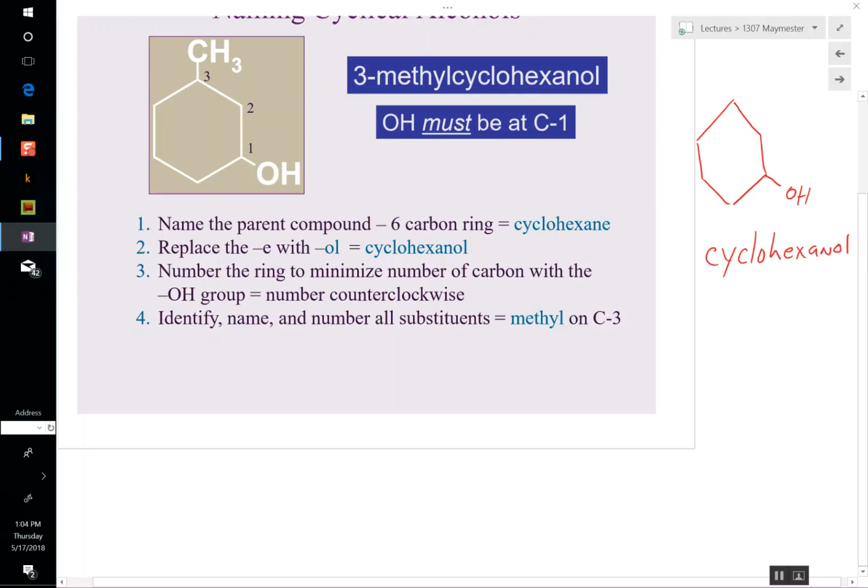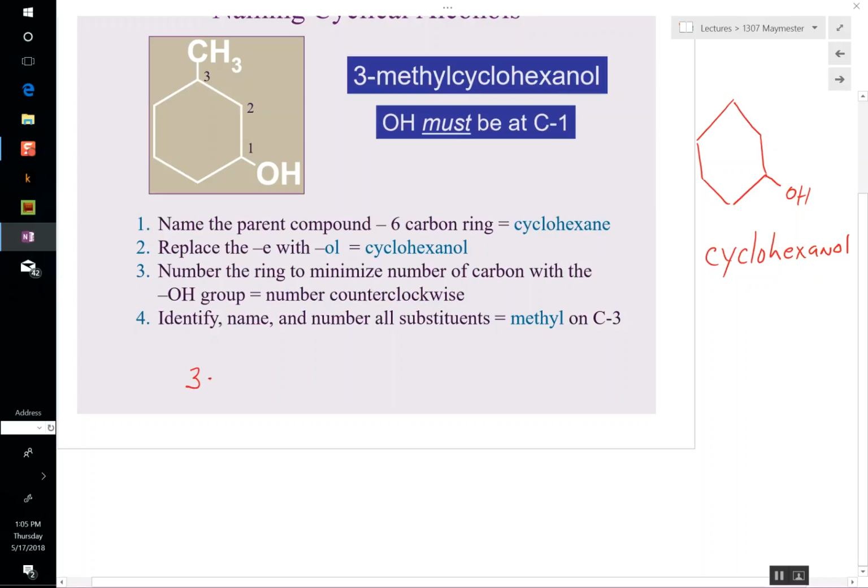I'm just using the rules we just went over. Its name without the OH there is cyclohexane, so we drop the E and we add OL. We get cyclohexanol. And now there, we put a methyl group up there. It's 3-methyl cyclohexanol.